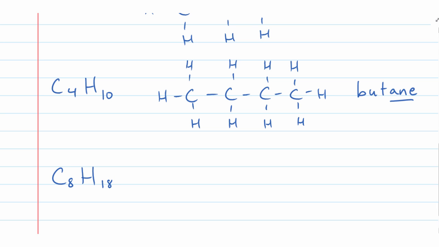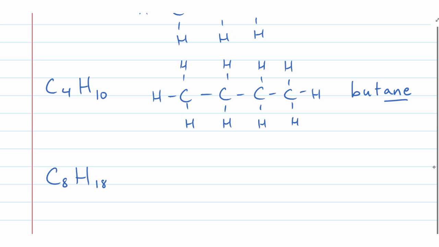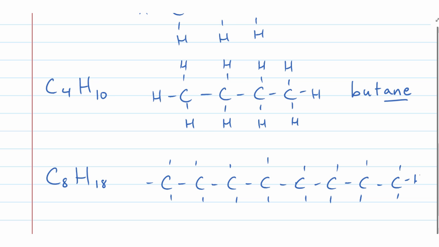Well, then if we drew out all of the carbons on here, we have 1, 2, 3, 4, 5, 6, 7, 8. We then surround all of these here with the hydrogens. You see actually that it winds up getting kind of tedious and time consuming for writing all of these out.